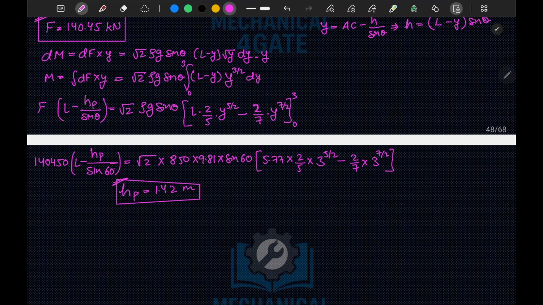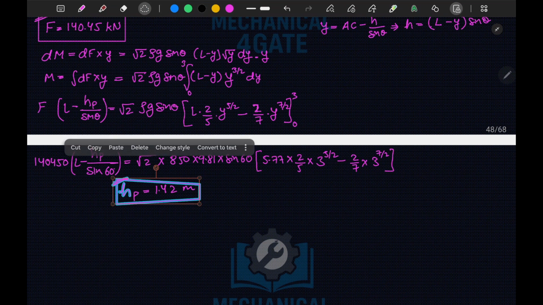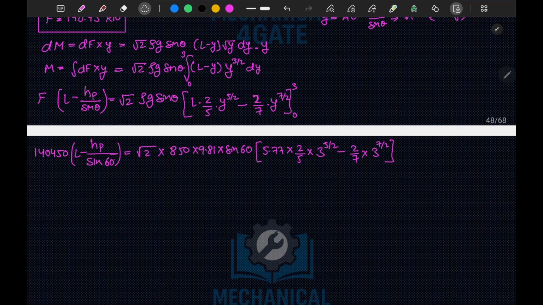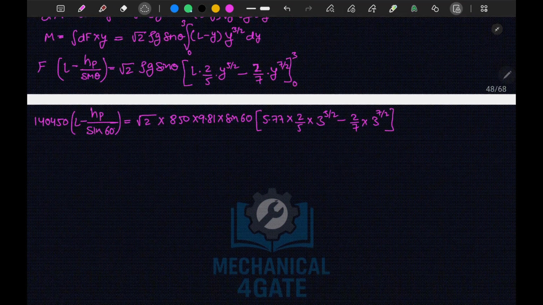So the value we calculated here isn't correct. From here we will obtain our hp. This term comes out to be 200.28, after it was multiplied by sine 60.